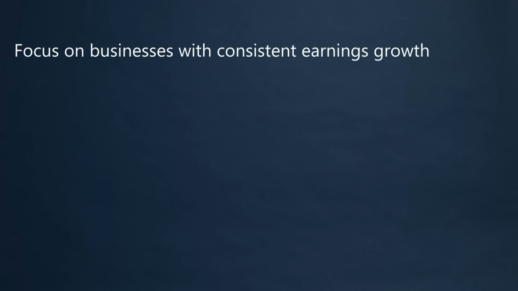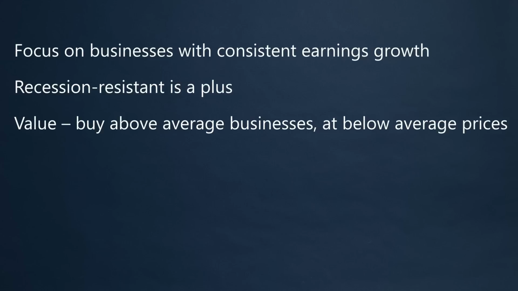Here are a few of the criteria that I generally look for when identifying potential businesses I'd want to own in my portfolio. One is I'd like to look for companies with consistent earnings growth over a long period of time. If the business is also recession resistant, that's a plus, but not necessarily a deal breaker if it isn't. Value is important to me, which is related not only to the business fundamentals, but also the price you pay, as I want to try and buy above average businesses at below average prices.